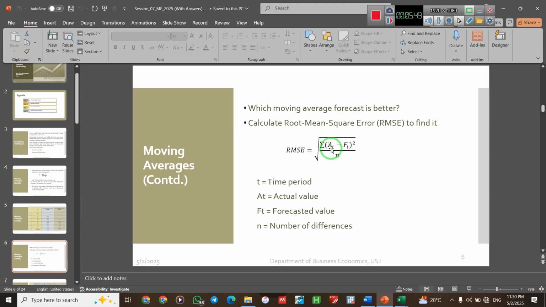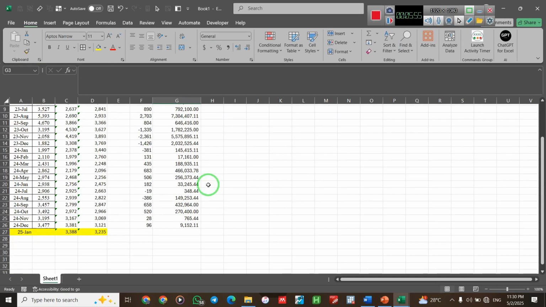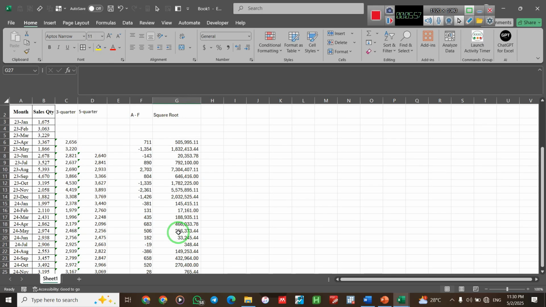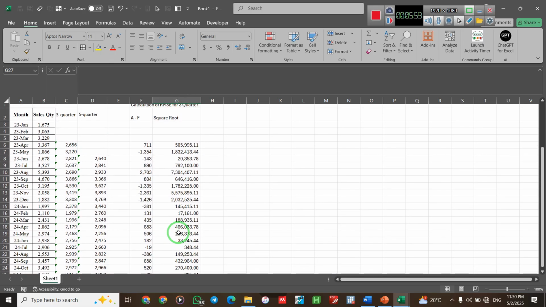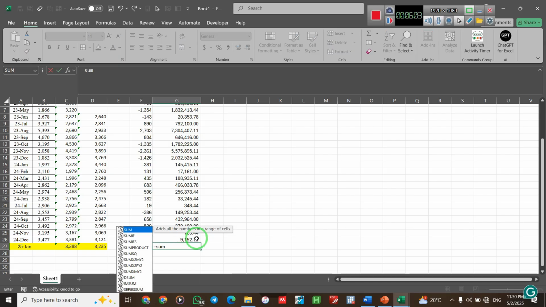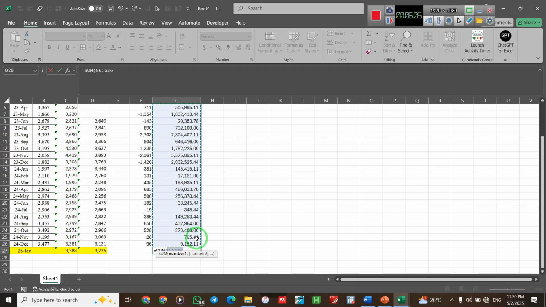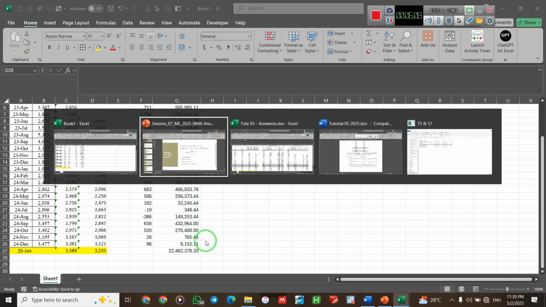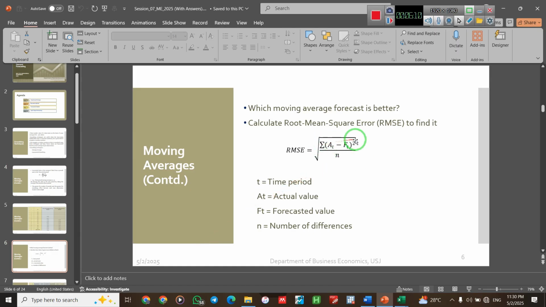Now you have to get the summation of that. You can go down here in the squared column and type sum and select this total area, right? So now we have done with the upper part of this equation.